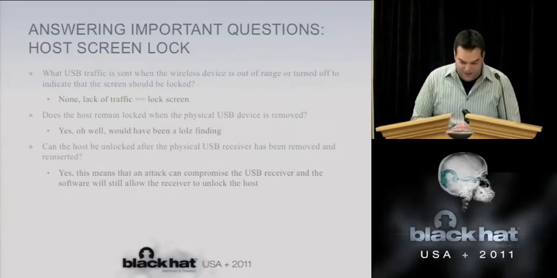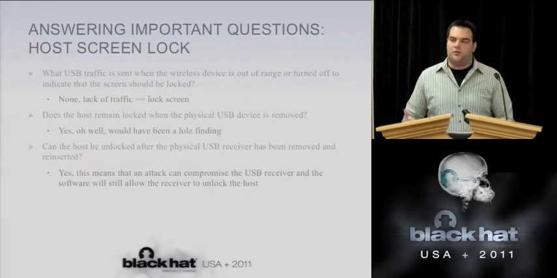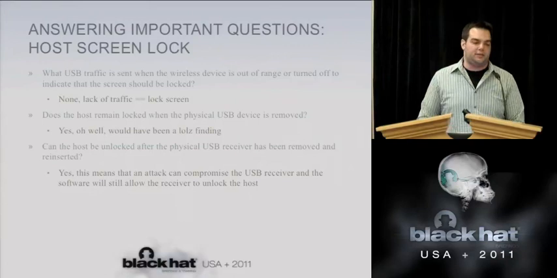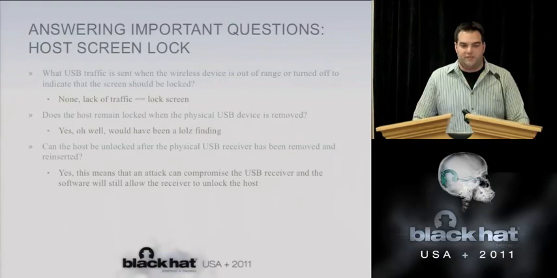And the last question: we're assuming the USB dongle can be compromised, but they could do something to prevent that, right? They could say, if the screen's locked and the USB device has been unplugged and plugged back in, don't trust it, and require someone to enter their override password, because something may have happened to that dongle since the screen was locked.